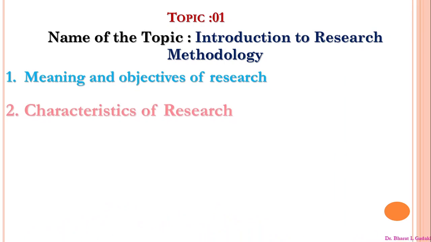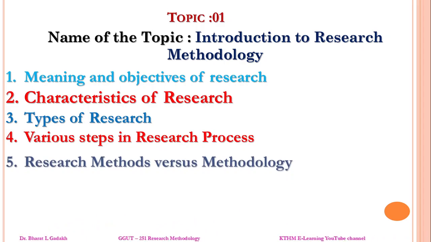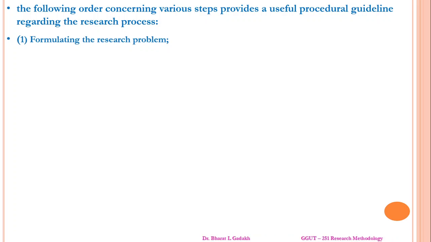Now, the meaning and objective of research, characteristics of research, types of research, various steps of the research process, and research methods versus methodology. The following steps provide a useful procedural guideline regarding the research process. First is formulating the research problem.